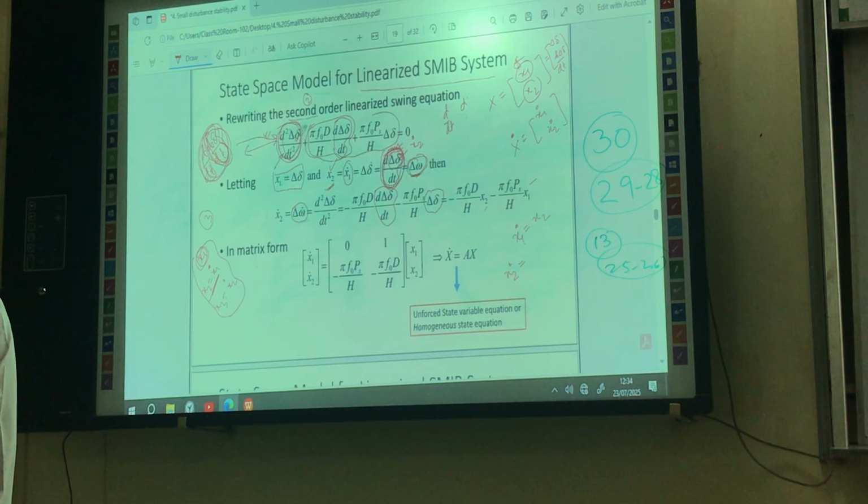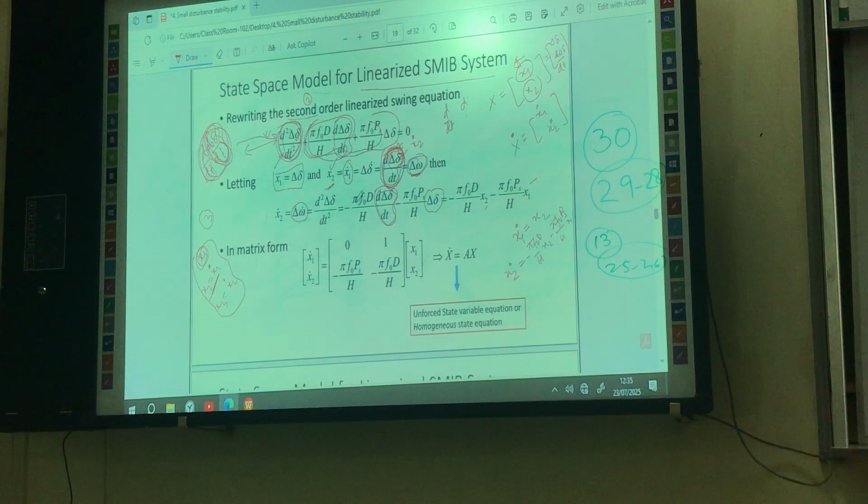You have to take these two terms to the right side, so minus this, and now this is replaced by x2, and this is your x1. So you can write your x2 dot is minus pi f naught t over h x2 minus pi f naught ps over h x1.